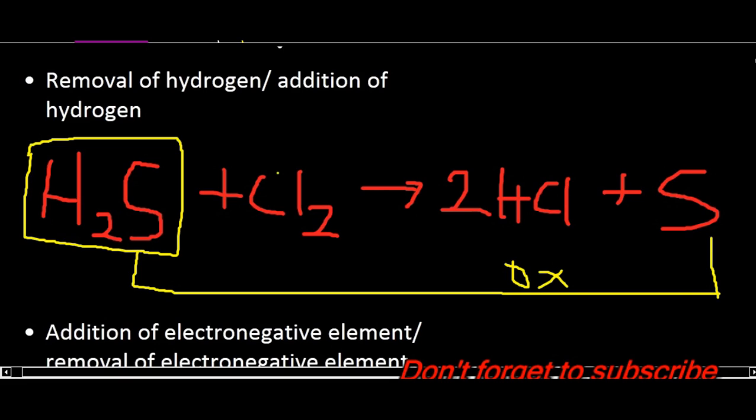And if you take a look at this other process here, you'll notice hydrogen has been added to the chlorine gas. Chlorine gas here was initially Cl2, denoting it's a chlorine gas without hydrogen, but came to this other side of the equation to become this.